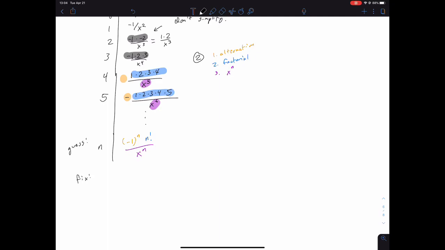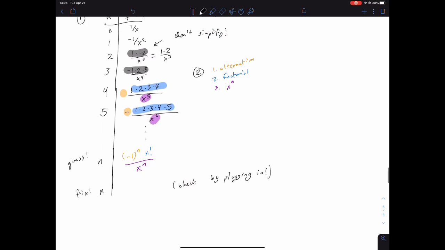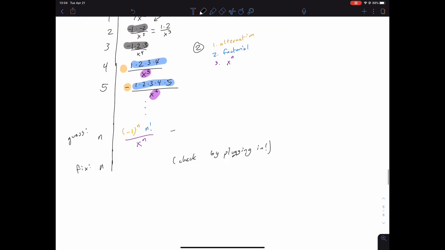And so what I'll do is I'm going to check by plugging in. Okay, so for n equals 5, this will be my check. So this was step 3. This is step 4. And this is part of step 4 also. If I plug in n equals 5, my formula gives me negative 1 to the 5th, 5 factorial over x to the 5th.